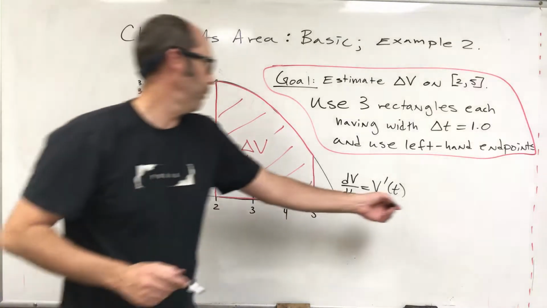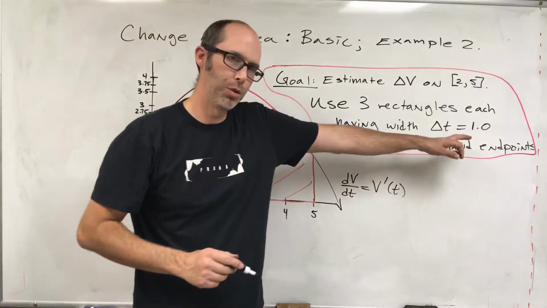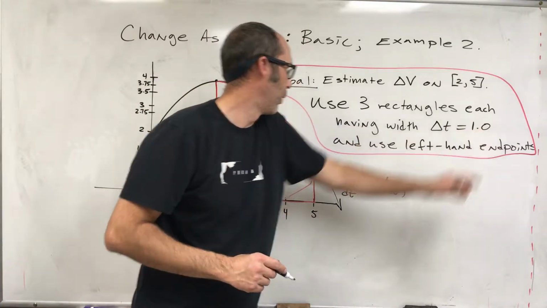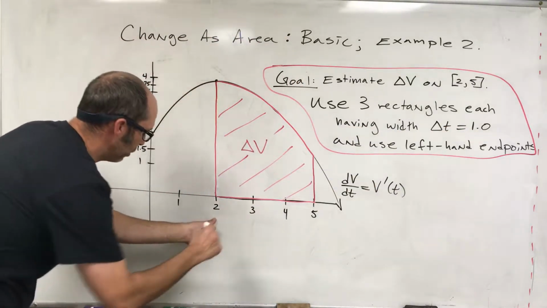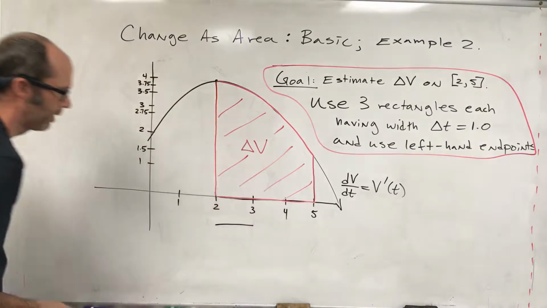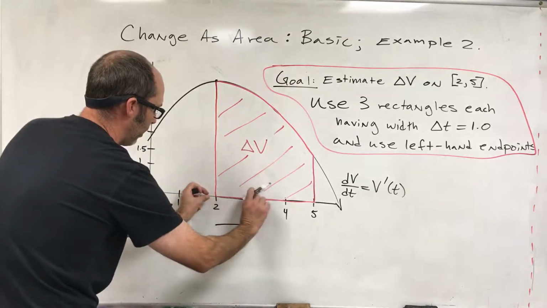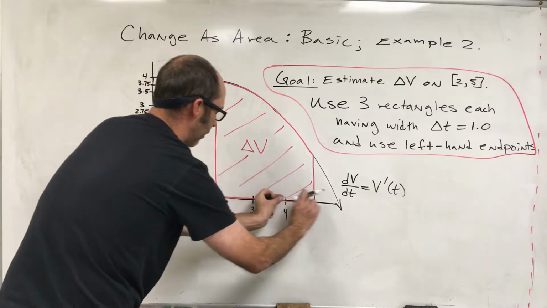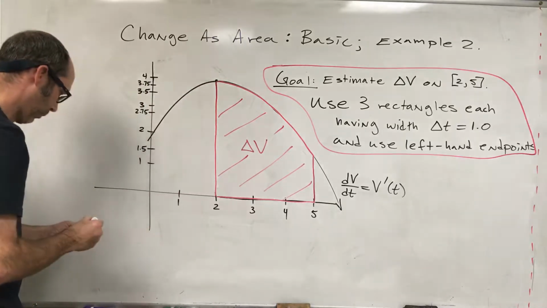This example isn't too difficult. The widths are 1.0. So starting at 2, going over 1.0, that's that distance there. One of our widths is here, another width here, another width here. So we have 3 rectangles.